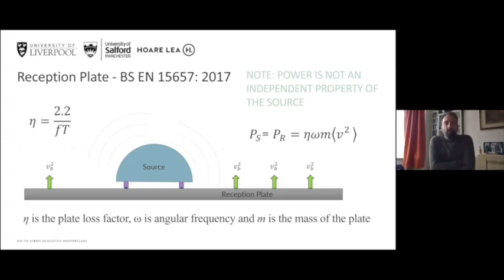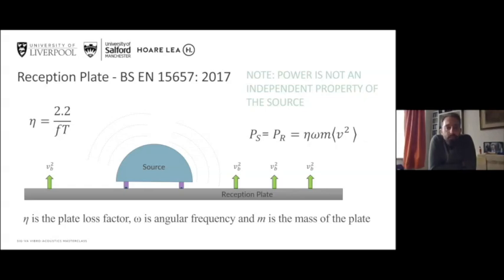The basic theory behind the reception plate method is that the power transmitted from a vibration source into a reception plate structure is equal to the damping loss factor of the plate multiplied by the angular frequency omega, times m, the mass of the plate, times the spatial average velocity squared of the reception plate. So we can work out the power transmitted from a source into a reception plate, but this power will not be the same for a different reception plate.